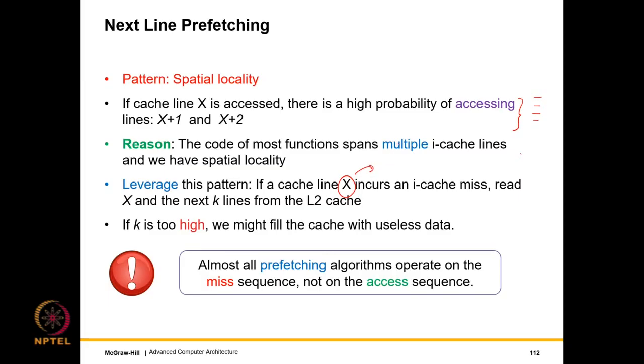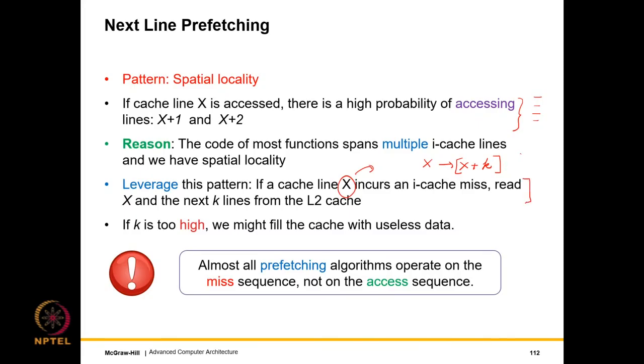This can be made smarter because typically this might be too late. So there are variants of this idea where if we miss on the line with address X, we prefetch the line which is X plus K in the hope that this will ultimately be accessed. Similarly, if we miss on X plus 1, we prefetch X plus K plus 1, or maybe fetch multiple lines at the same time, or we fetch the next K lines.